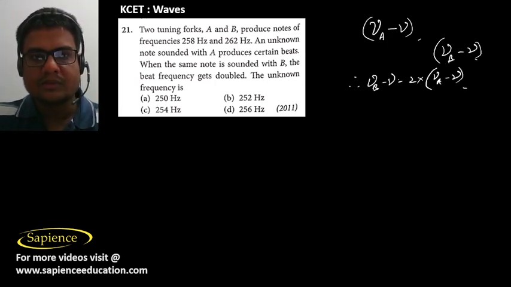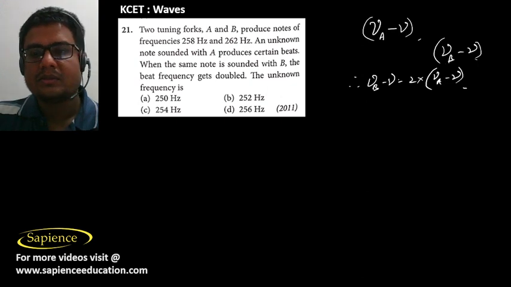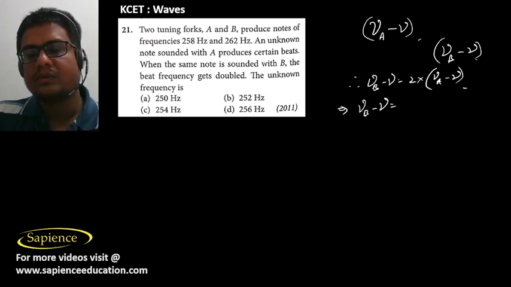Since here in the options we see that in all the options the given frequency is less than both A and B, therefore nu B minus nu, where nu is the unknown frequency, will be 2 nu A minus 2 nu.